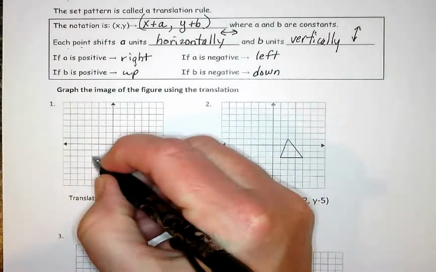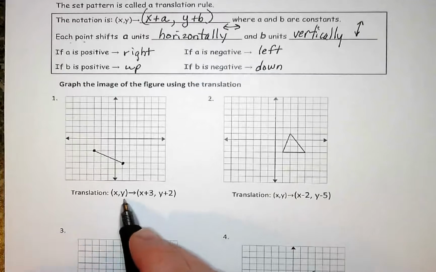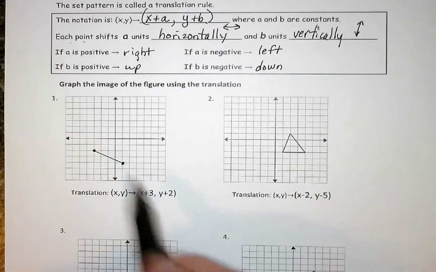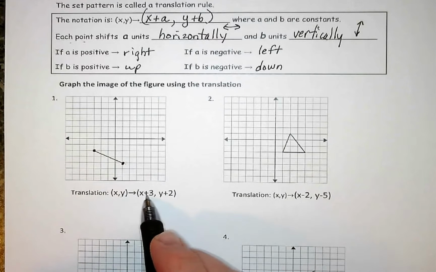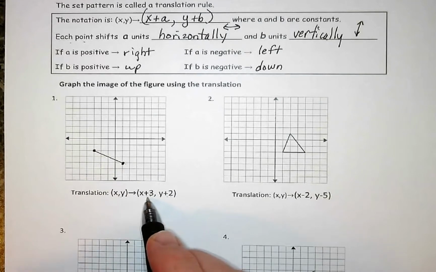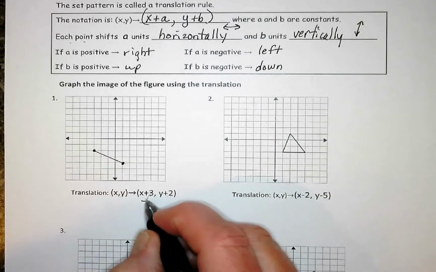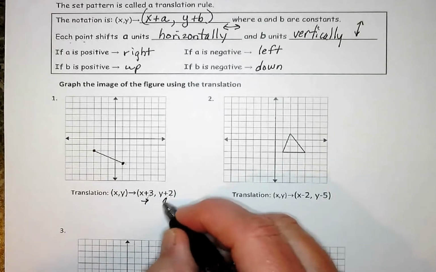So let's take a look at our first example. We want to translate this segment here. You can see here we've got (x, y). There are our points that are already there, and we're going to slide those points plus 3, plus 2. The first number tells me left and right. Since it's positive, I'm going right, and positive 2 means I'm going up.